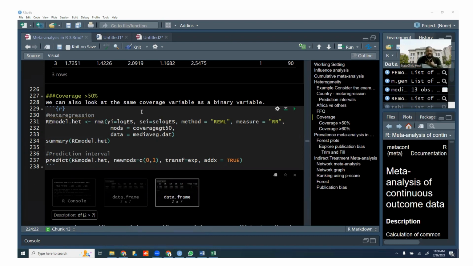For cumulative meta-analysis, we explained that we're examining whether the time or the epoch has an influence on the results. I gave the example of HIV as well as surgery, where the approach to treatment changed significantly, and that can have an influence on the pattern of the study findings that you get.